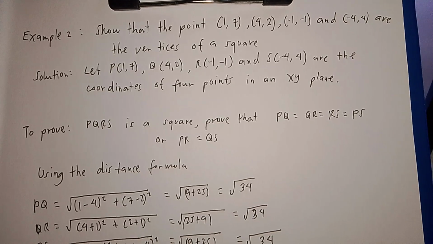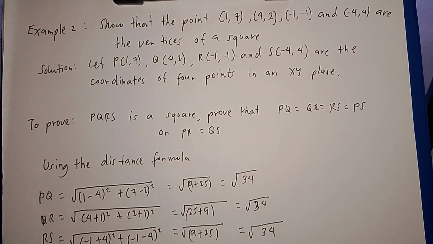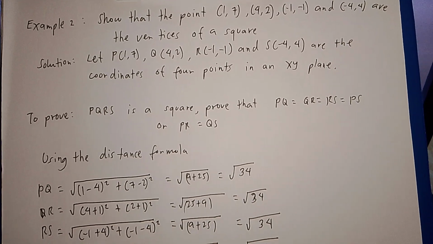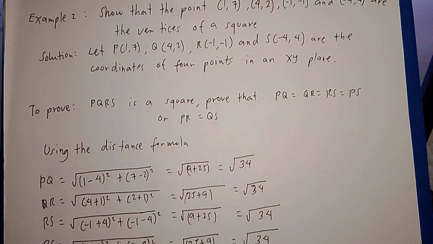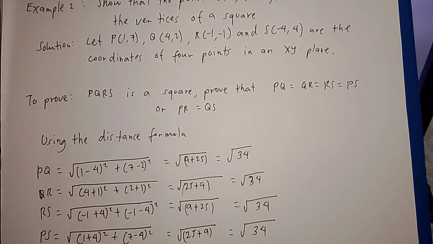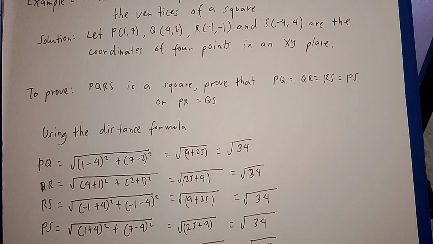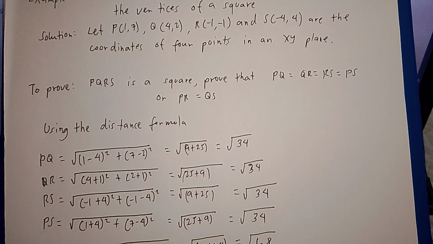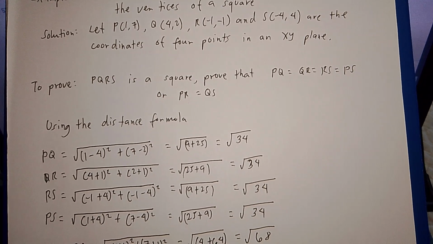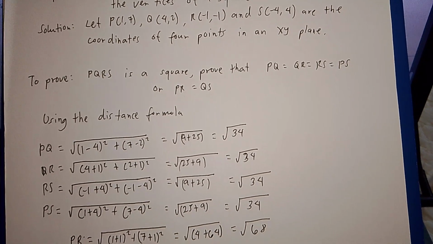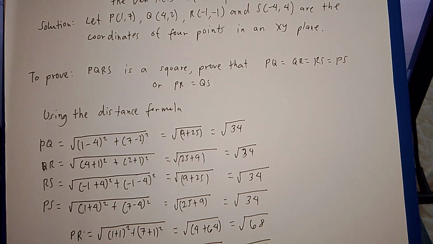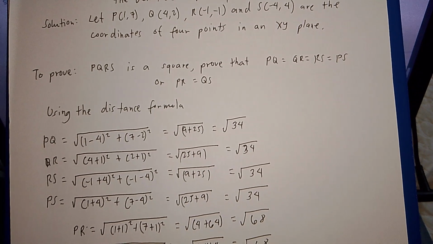That is equal to 3 squared plus negative 5 squared. So we solve the exponent. So we have 9 plus 25, let's just add them or combine them. We got square root of 34. So we have our side PQ, and then we need to answer side QR.